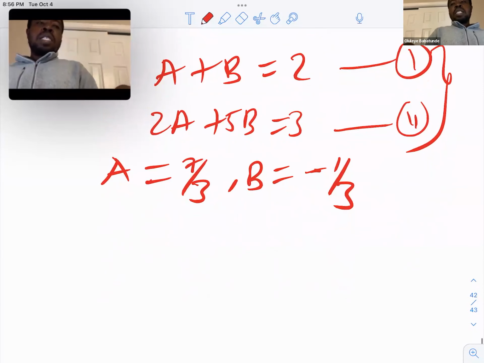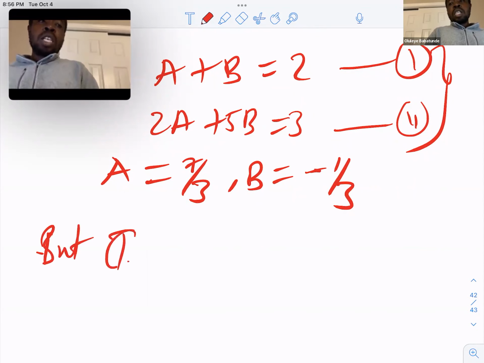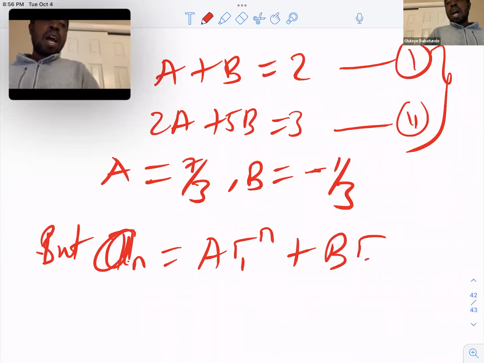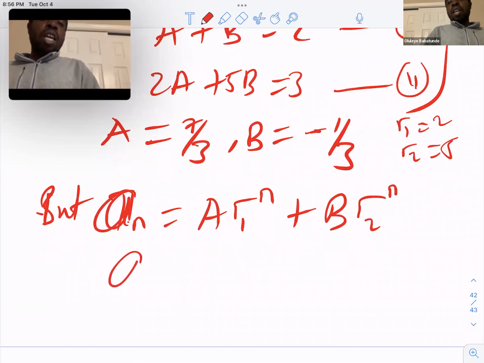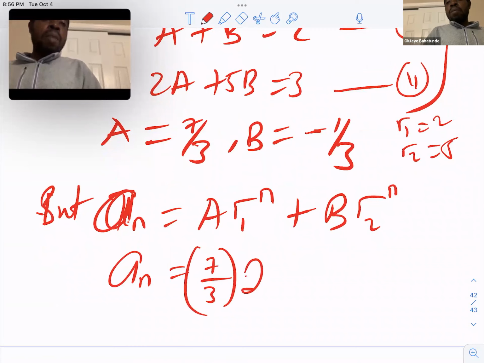Okay, therefore, remember our solution is a_n equals A r1^n plus B r2^n. I know my r1 to be 2 and r2 to be 5. So the general solution is a_n equals 7/3 times 2 raised to power n plus, is it -1/3?